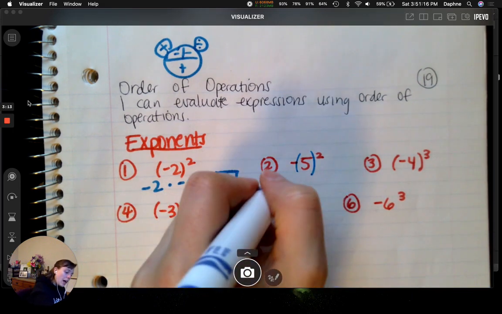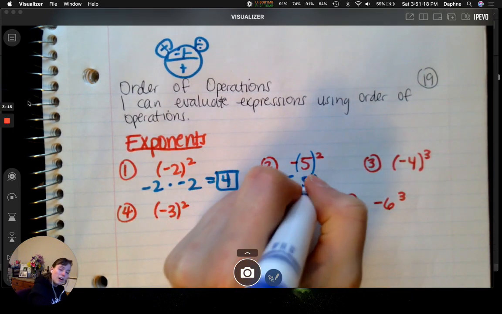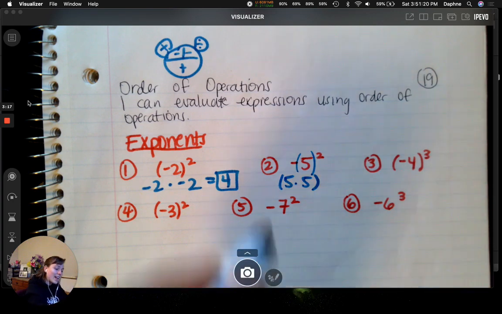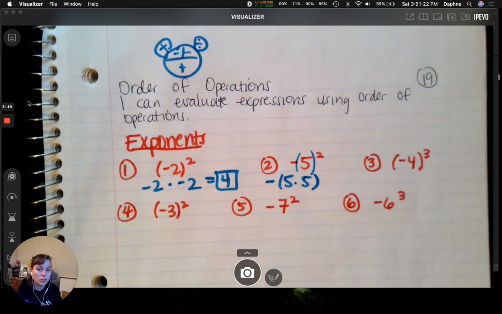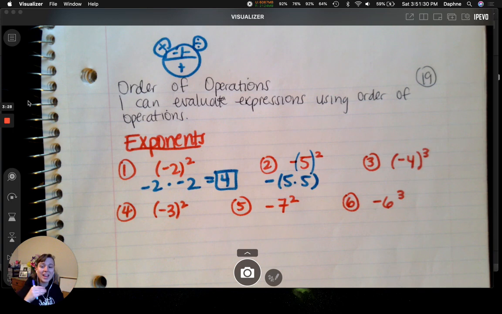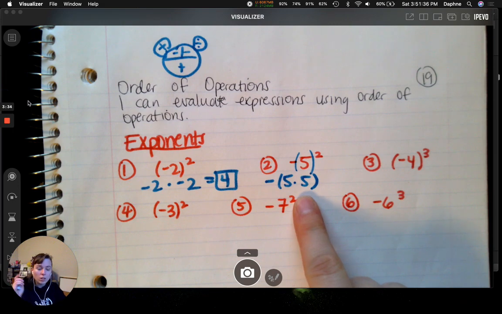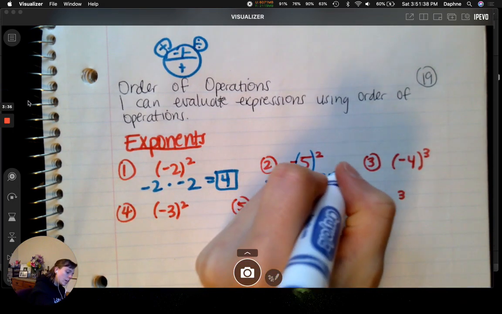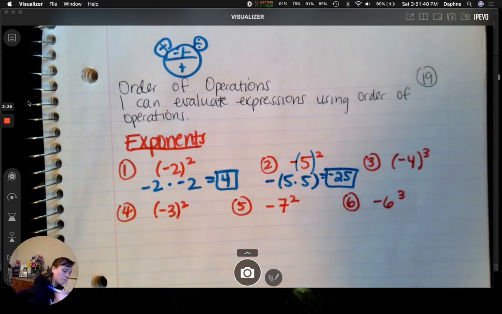And then after I multiply 5 by 5, then I will stick a negative on the answer. So you're doing the base 5 times 5 first, because there are 2 5s, because the exponent is a 2, or a square. Then I will stick the negative on it, multiply it by that last -1. So 5 times 5 is 25, multiply it by -1, I get -25.